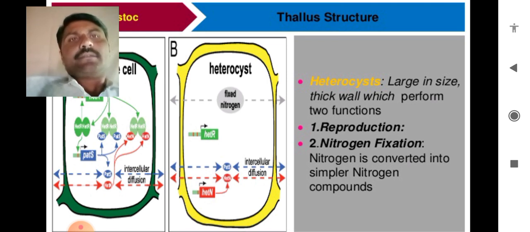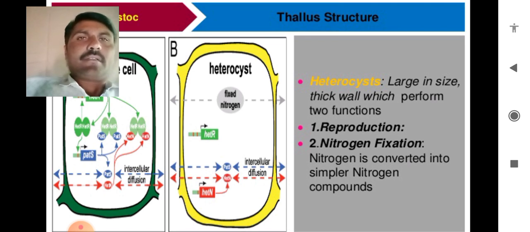The heterocyst seems to be large in size and the wall is very thick, which performs special functions. One has to remember the function of the heterocyst, that is reproduction as well as nitrogen fixation.